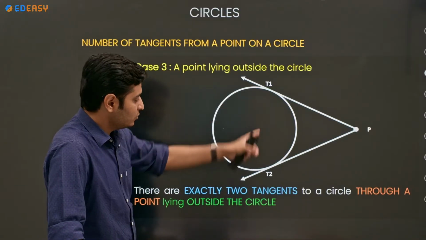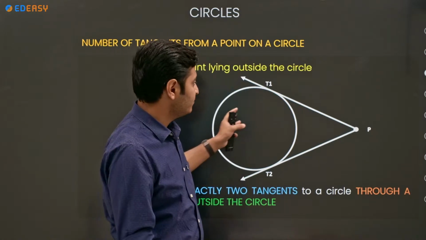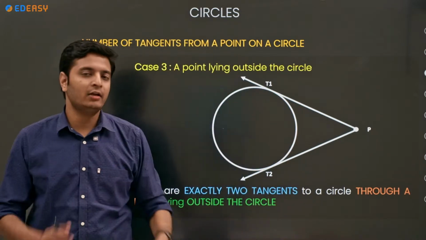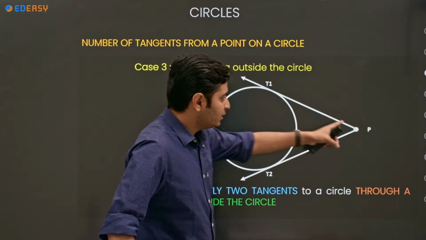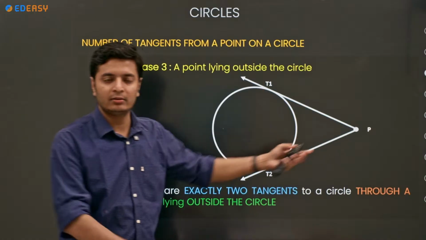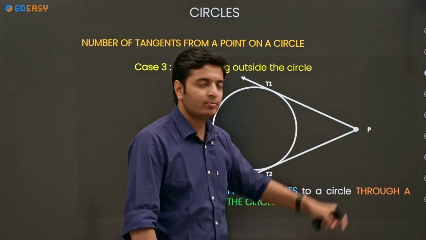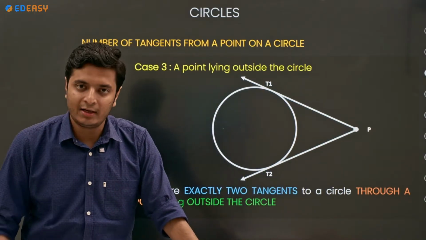Now these two tangents that you are seeing here are also equal in length. It means that the length from the point of contact to the given point P is equal.